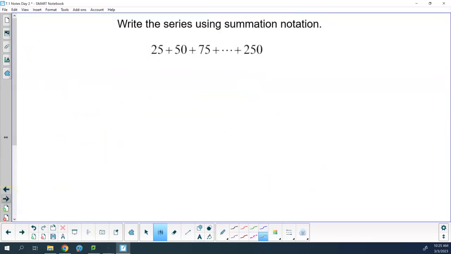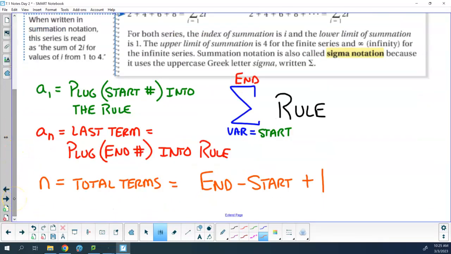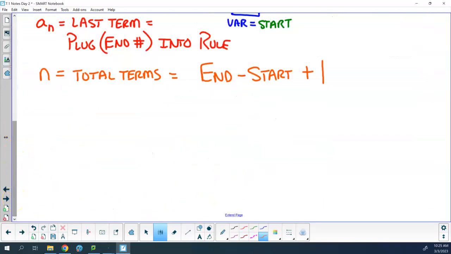Okay? So the formula for the sum, I will go back here, because I don't think it was on this one.